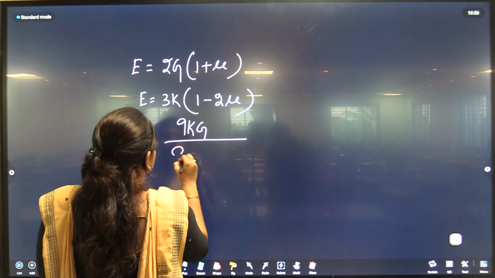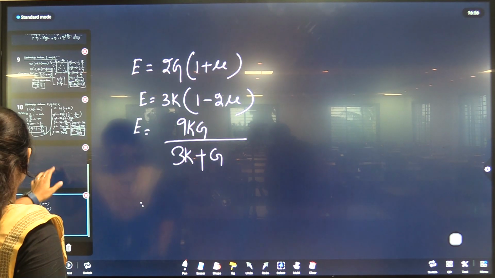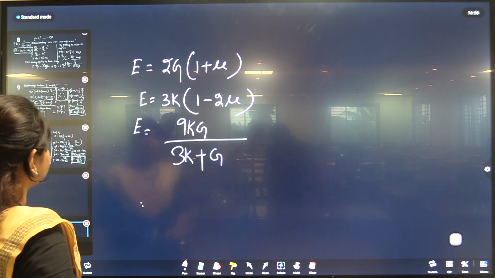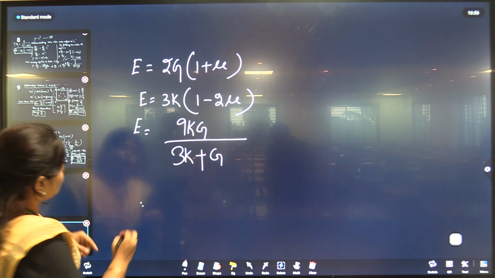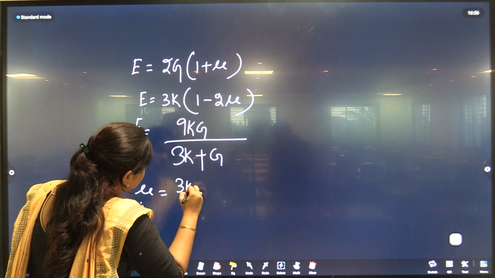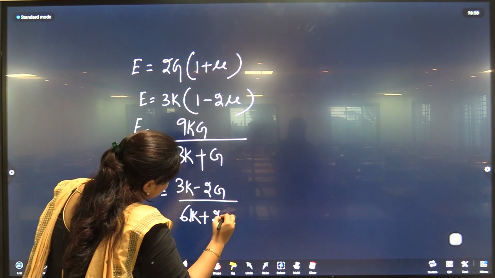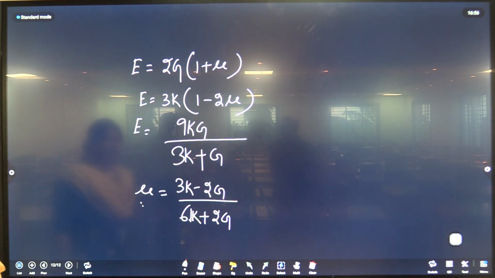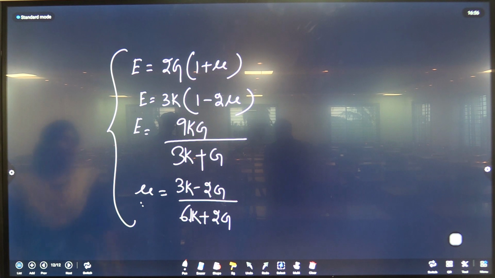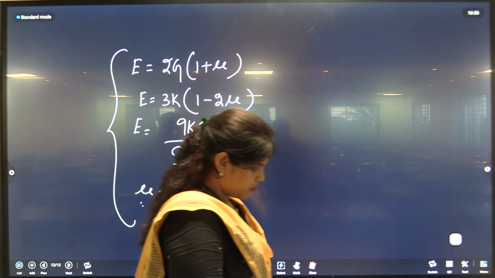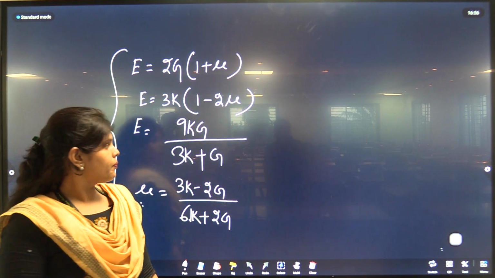And 9KG upon 3K plus G. These three equations we get. By solving these three equations, we can get mu equals 3K minus 2G upon 6K plus 2G, but the derivation is not necessary. These are the 4 elastic constant relationships we get from those derivations. Thank you.